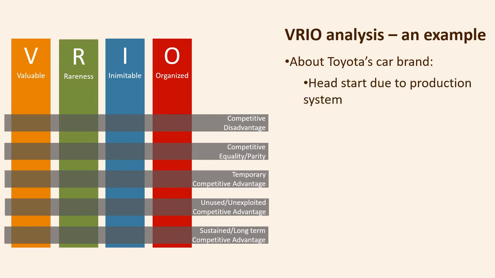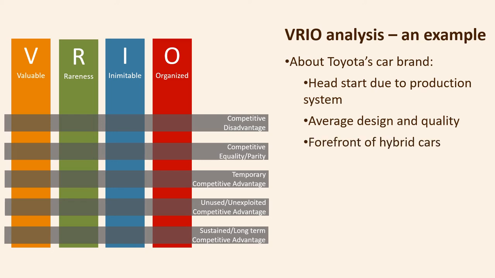Toyota has a head start in the automotive industry due to its production system. The lead time of a car is faster than the competitors. The design is average, and the quality is not, as before, significantly better than the other car manufacturers. Toyota is at the forefront of hybrid cars and stands firm with its high-service workshops.